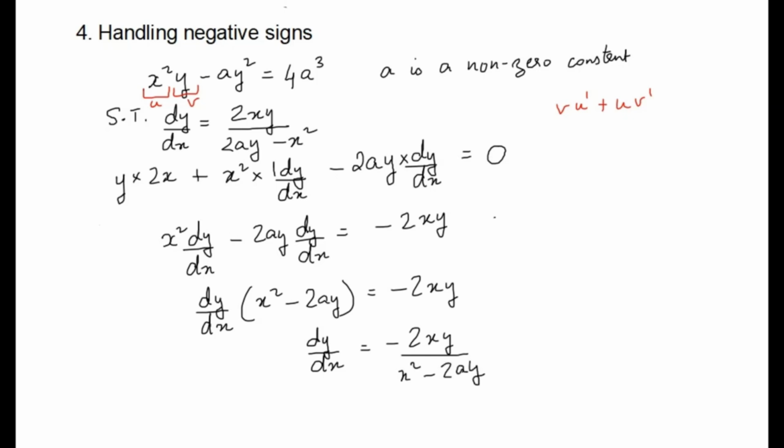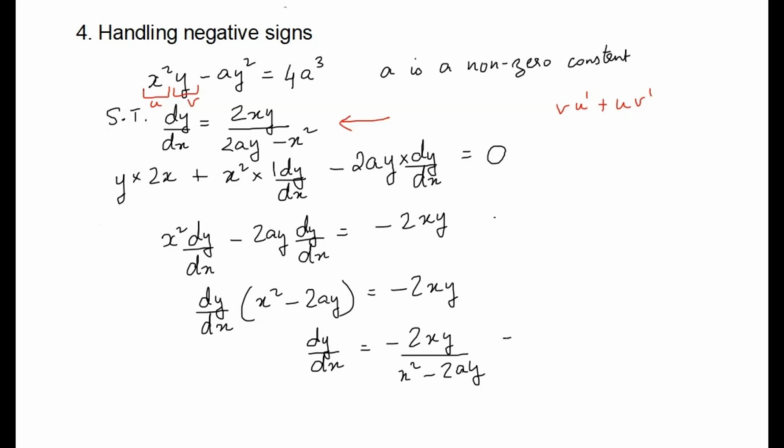Now, when we look at what we're supposed to show, it says we have to show that dy by dx is positive 2xy over 2ay minus x squared. Ours is looking kind of similar, but not exactly the same. We have to present our answer exactly like theirs. So how do we make this negative sign in front of the 2xy go away? There are several ways of doing it.